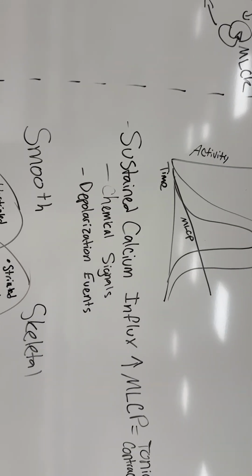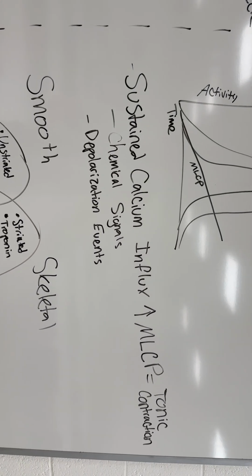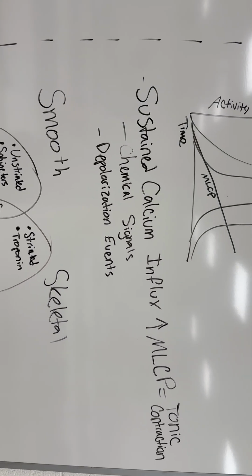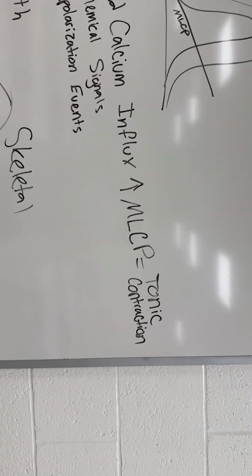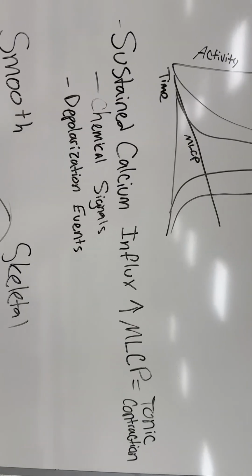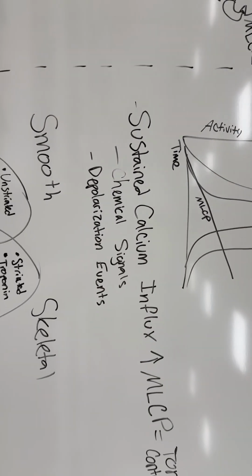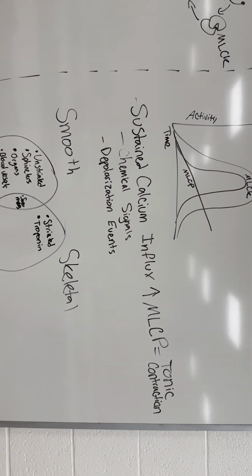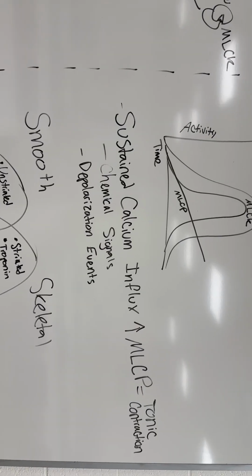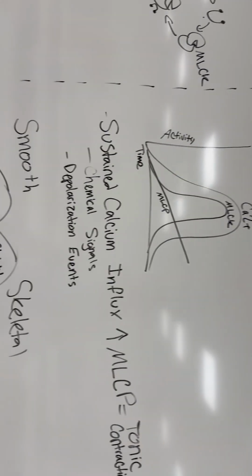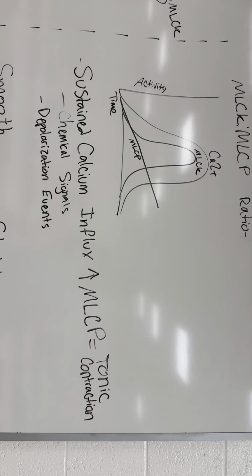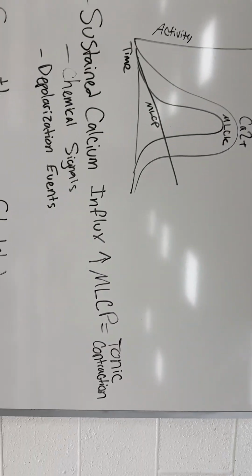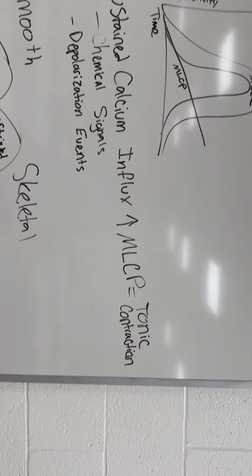Due to a number of factors, this can be sustained calcium influx, chemical signals, depolarization events, we're going to have an increase in myosin light chain phosphatase. So through kind of poorly understood mechanisms, through sustained calcium influx, we're going to cause myosin light chain phosphatase to activate. And this is going to induce a tonic contraction.